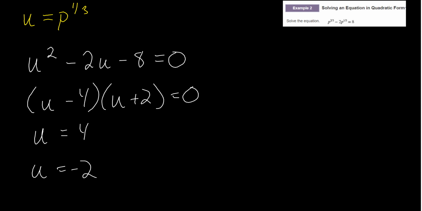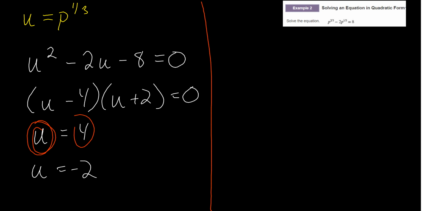But again, this is in terms of u. We didn't start the problem in terms of u, so we have to make the substitution back. Well, u is equal to p to the 1/3, so p to the 1/3 is equal to 4, and p to the 1/3 is equal to negative 2.